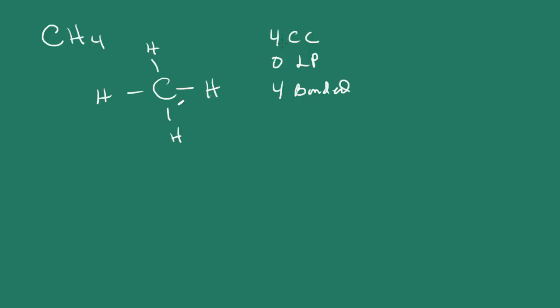So when we have a situation like this, where we have 4 charge clouds, 0 lone pairs, about a central atom, then this is called a tetrahedral electron pair geometry.